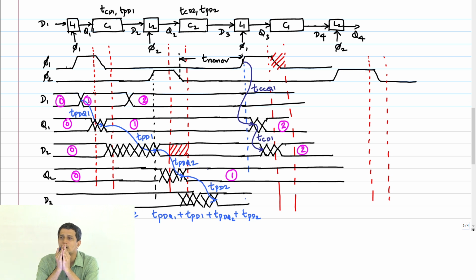Then very clearly this hold window will now move all the way here. Correct? It could move, depending on the delays. So what is the constraint for the hold violation not to occur here?